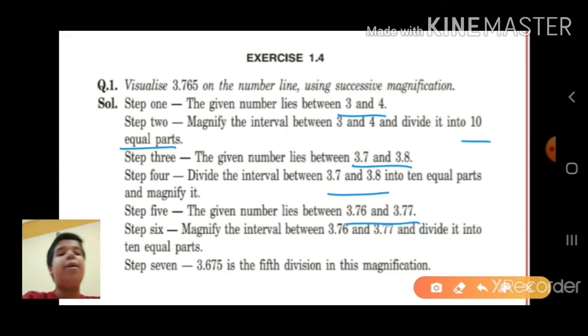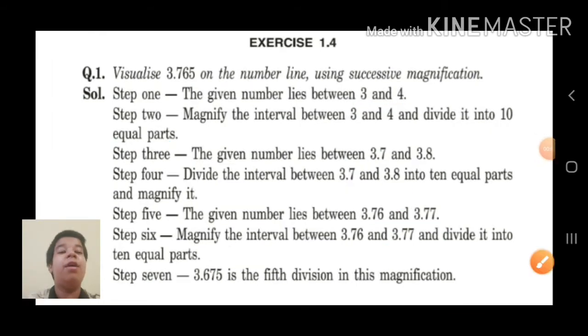The numbers would be 3.761, 3.762, 3.763, 3.764 and 3.765, the number we were waiting for. So we have to mark the number 3.765 as the fifth division in this magnification. So we have got the answer.